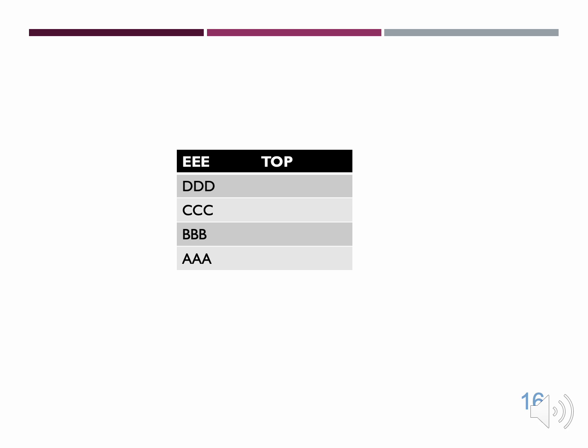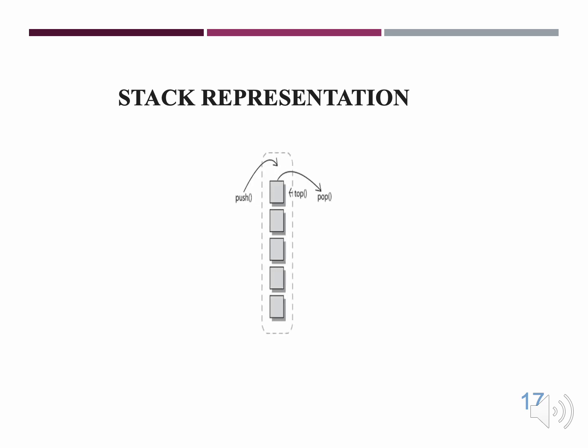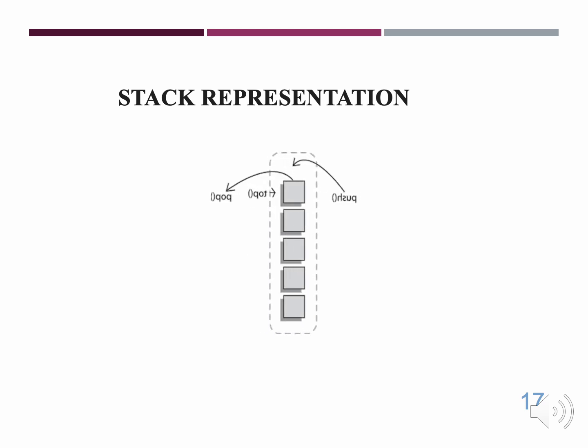Here you'll see examples. We define push, pop, and top. These are the three terms we use for stack representation. So let's say we have this stack of books, and the last one is the top of this stack.